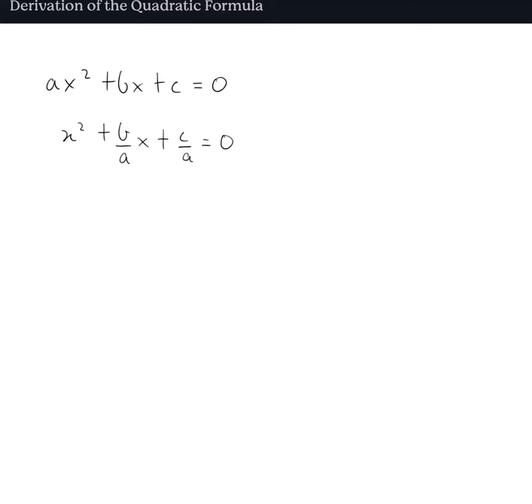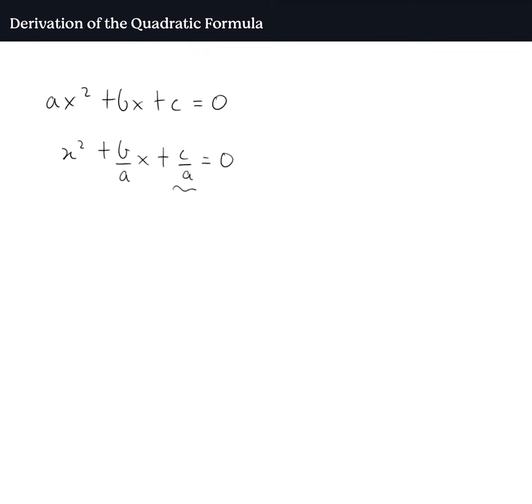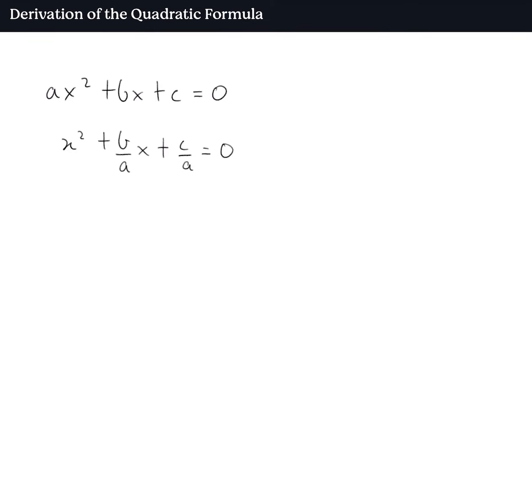From here, what I can do is subtract this constant term from both sides of the equation. Nothing too special going on now. And now the interesting bit is we're going to be adding some term on both sides of this equation, but we have to add a particular term so that we can do some special things with it.